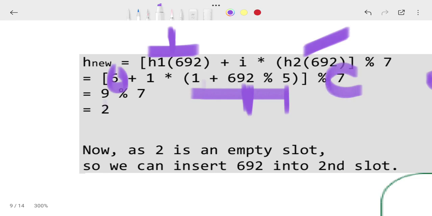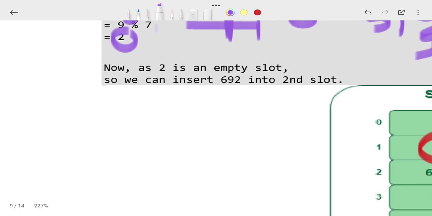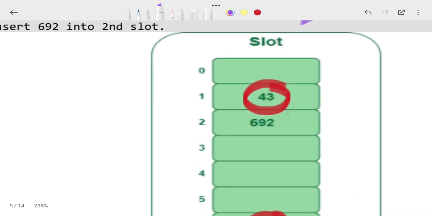Now overall I will divide by 7. 9 divided by 7 leaves 2. So at 2 I will place 692.